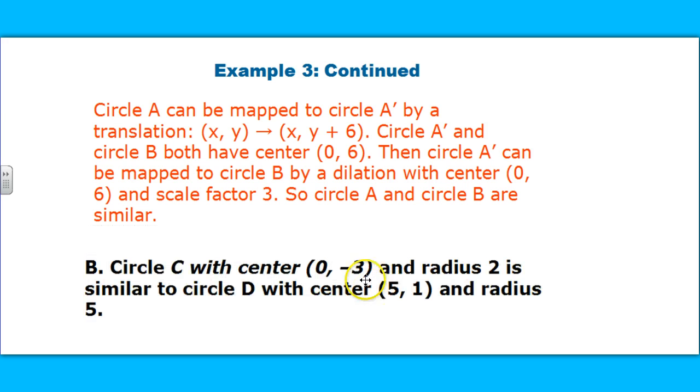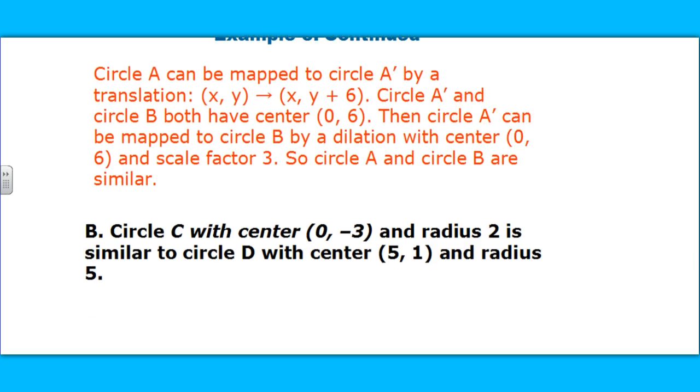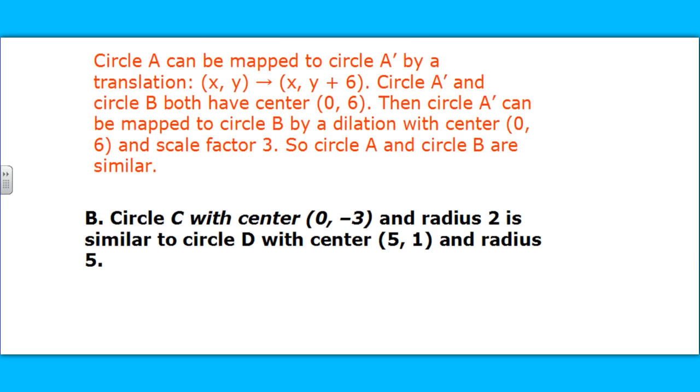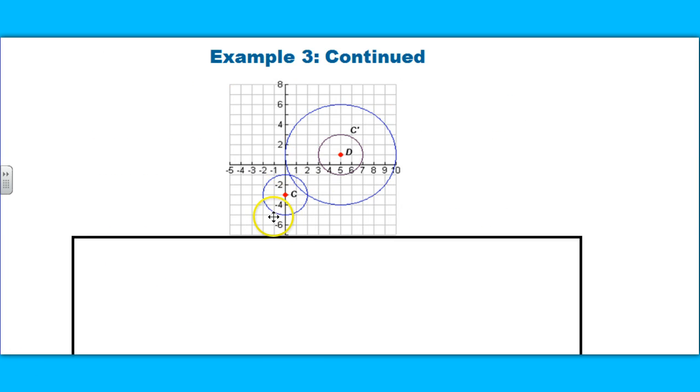Okay. Here's a second question. If we have a circle C with a center at 0, -3 and a radius of 2, let's show that it's similar to circle D with a center at 5, 1 and a radius of 5. So these blue circles show our figures, and we know that if we start at C and we're trying to get to circle D, we're going to have to translate the circle, and that's where we see C prime here.